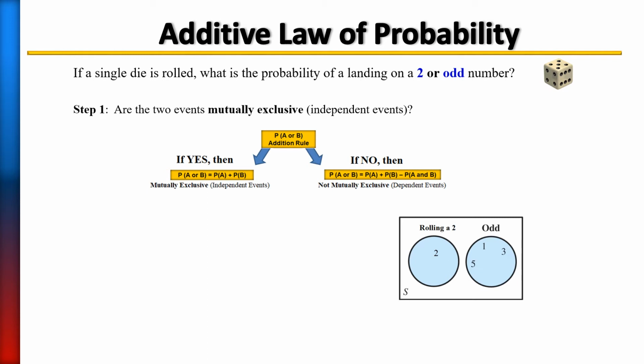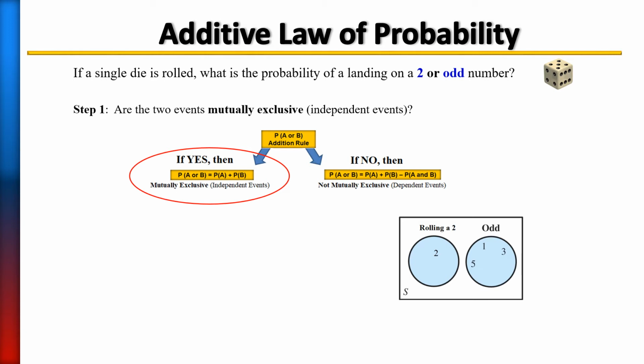So the first thing you ask yourself about events that involve or is whether it's mutually exclusive, meaning independent events, or not. Since this is mutually exclusive, you're going to use the formula to find the probability of A or B. All you have to do is add the probability of A and the probability of B together.